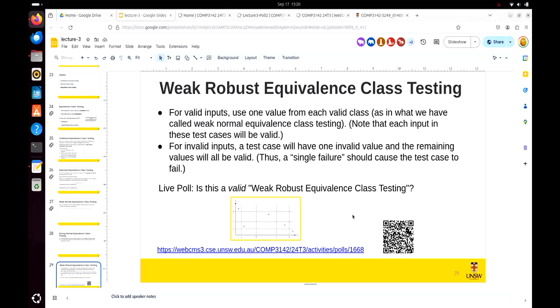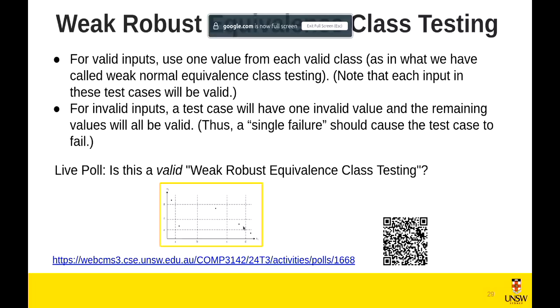Why it is not strictly valid is because if we see this point here, this will make both x1 and x2 invalid, and it somehow breaks the term weak here.